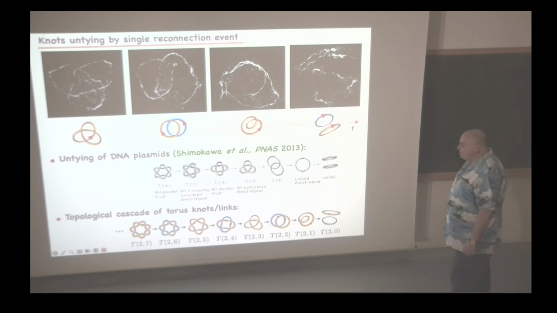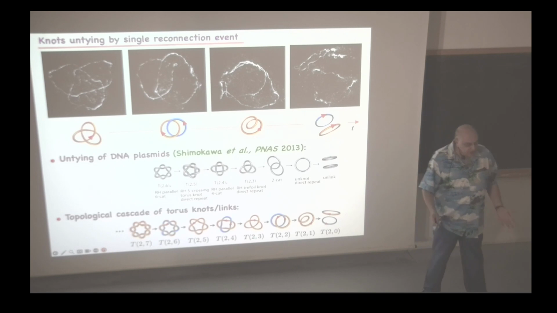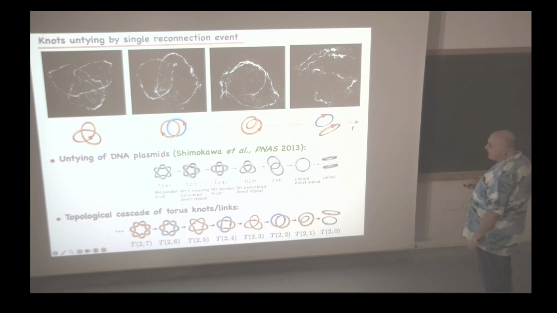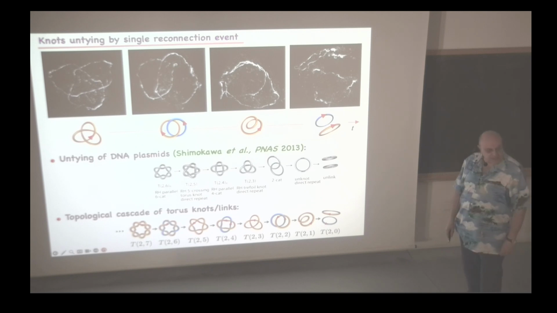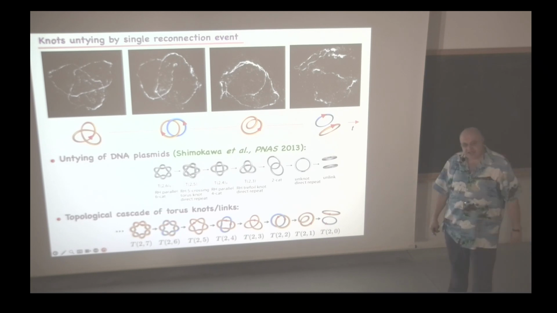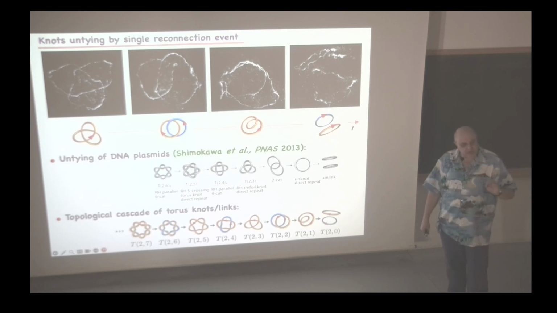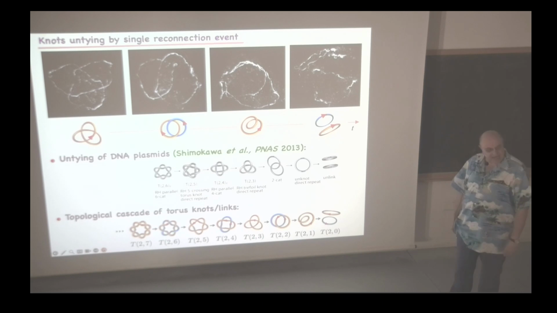Now, from a topological viewpoint, remember, we don't care about the geometry. So we can think of a diagram like this, going from, say, the knot 2,7 to the link 2,6, etc. And mathematically, that's the boring little part after the videos, and in the second part of today, I will tell you a little bit about knot theory and about how to analyze these things.